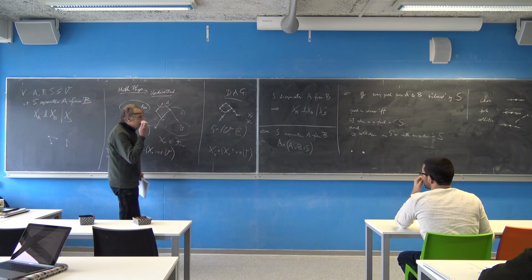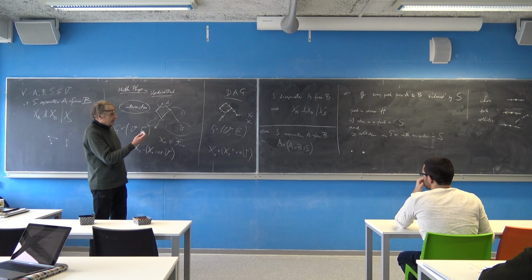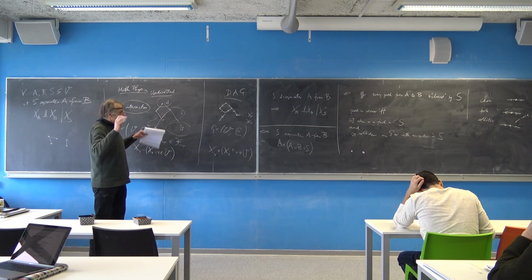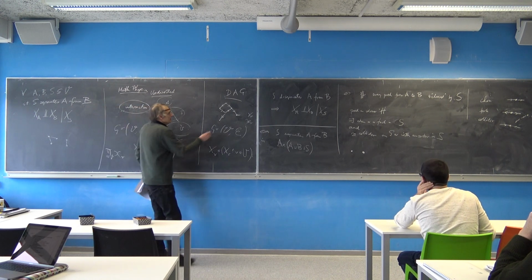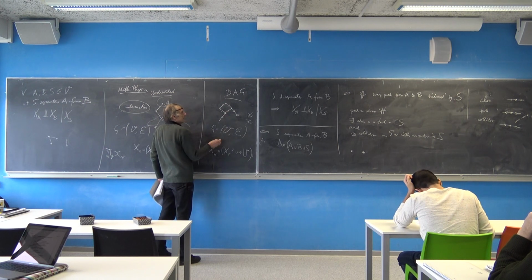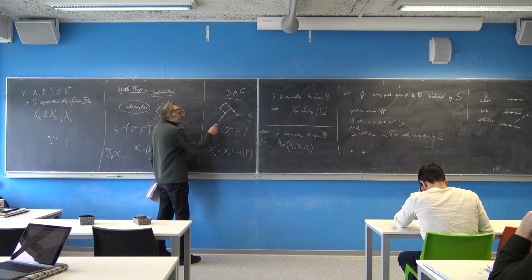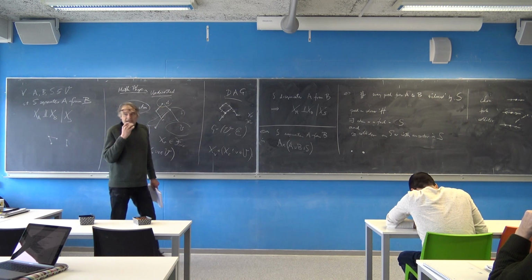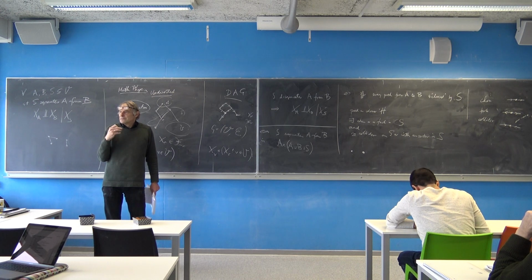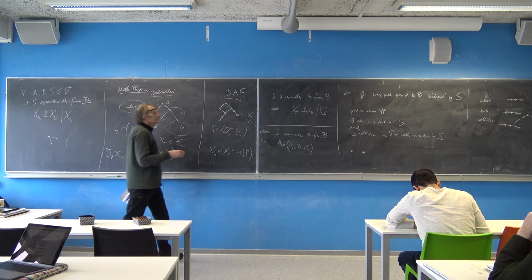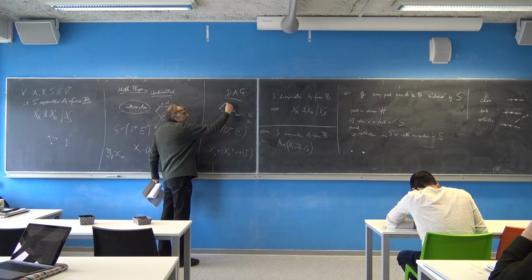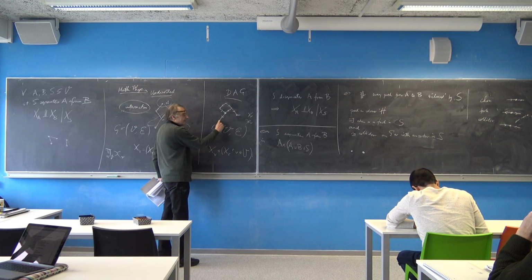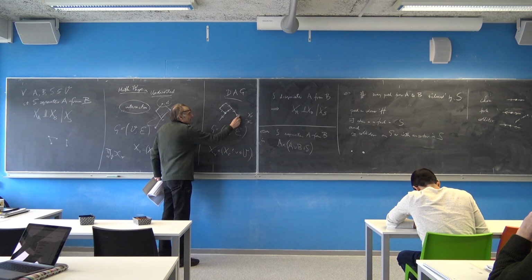So the terminology is very genetic or biological. Here's a particular vertex. These two are called its parents, and this is called its child. And A is a parent of B if and only if B is a child of A. Moreover, this is an ancestor of this, and this one is a descendant of this.